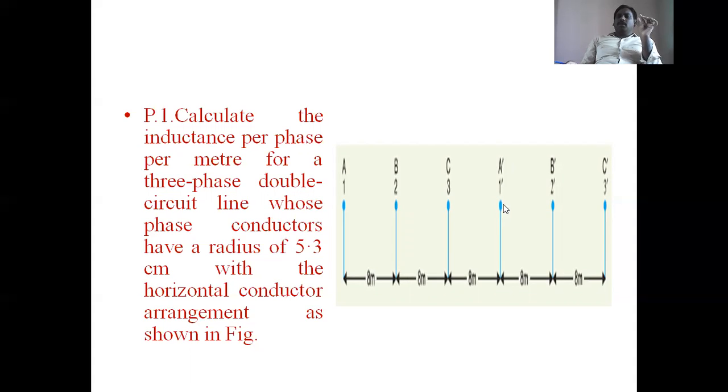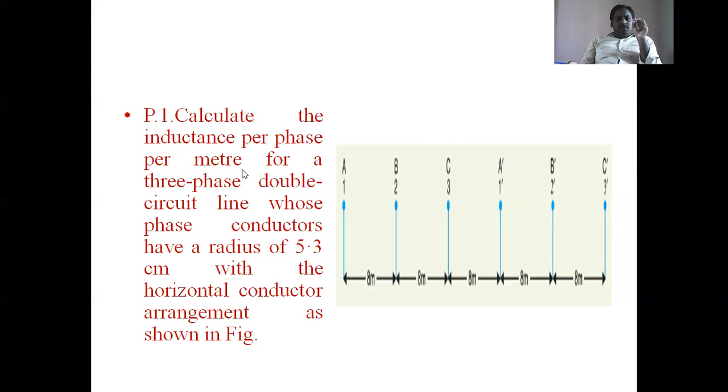And this is conductor A dash, the second circuit, double circuit line. This is the first circuit, and A dash, B dash, C dash are at positions 1 dash, 2 dash, 3 dash. The distance between AB is 8 meters, BC 8 meters, CA dash 8 meters, A dash B dash 8 meters, B dash C dash 8 meters.